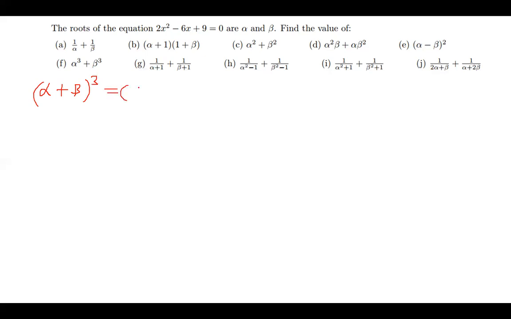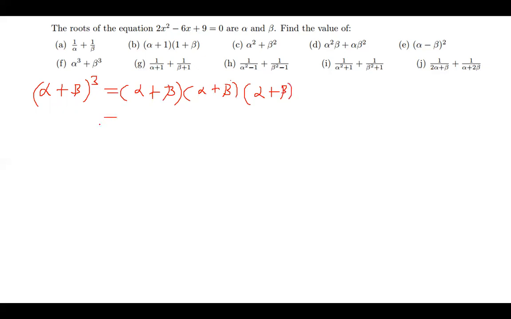Then you begin to multiply alpha plus beta.